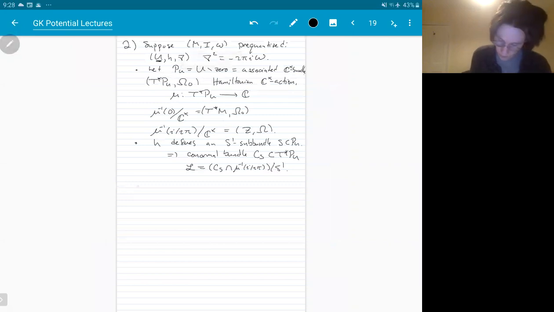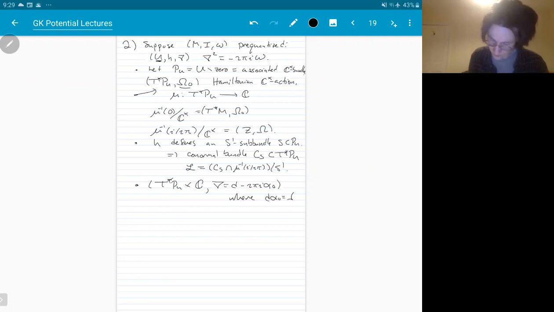And maybe just one more thing to mention is that this being a cotangent bundle, it has a canonical holomorphic pre-quantization itself, which is the trivial bundle. And the connection, you just take D and then you add the primitive for the symplectic form. So this gives a holomorphic pre-quantization, and this also reduces.